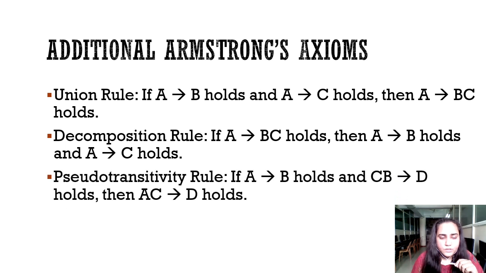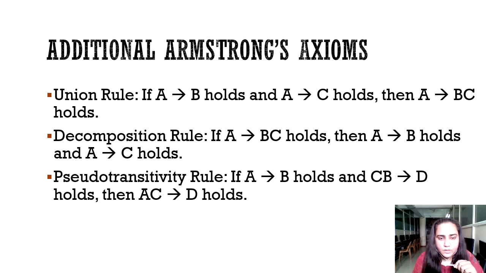And the last rule is the pseudotransitivity rule, which says that if A determines B is true, and CB determines D is true, then AC determines D. What you actually did is, in the equation CB determines D, you replaced B with A and got AC determines D. So this is pseudotransitivity, and this is also correct.